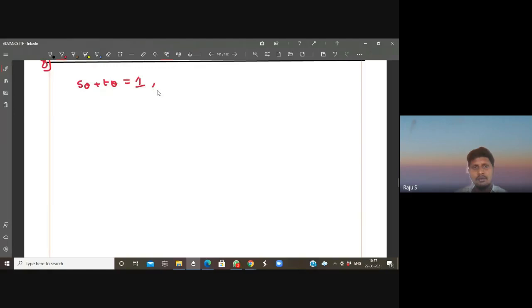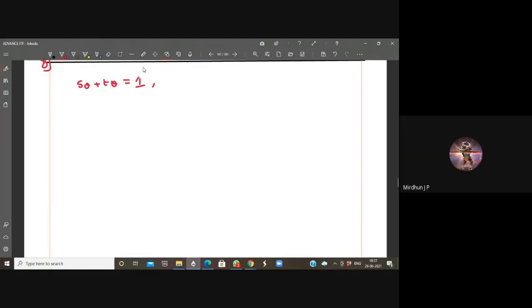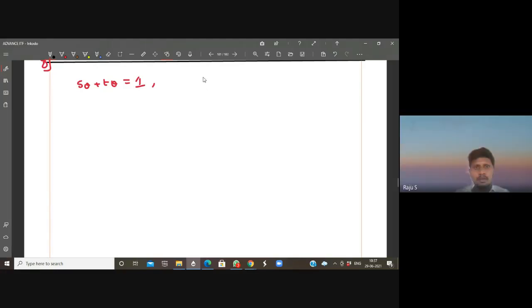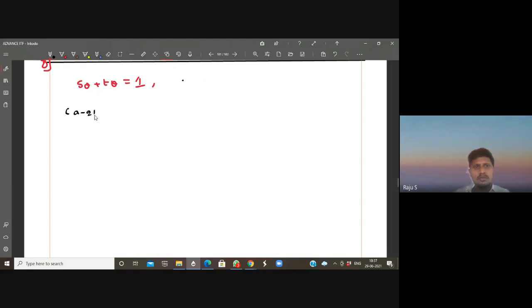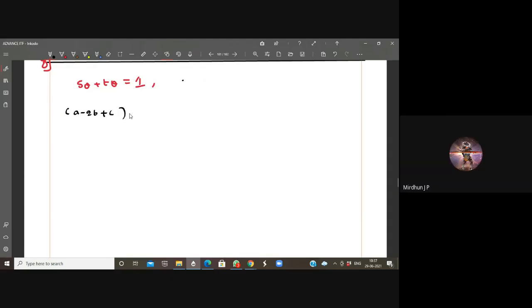Then the roots of the equation (a minus 2b plus c) into x square plus (b minus 2c plus a) into x plus (c minus 2a plus b) equal to 0.